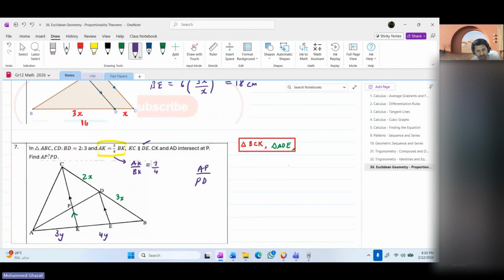You can write a ratio with the two dots, or as a fraction. So I'm going to start with AP to PD, which is equal to AK to KE.